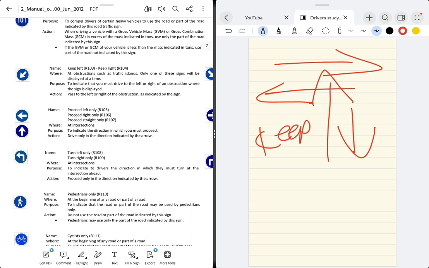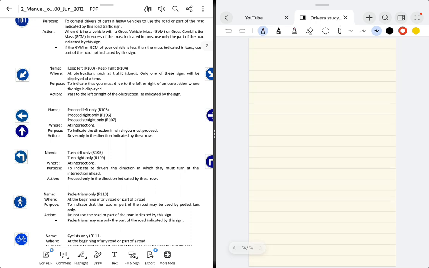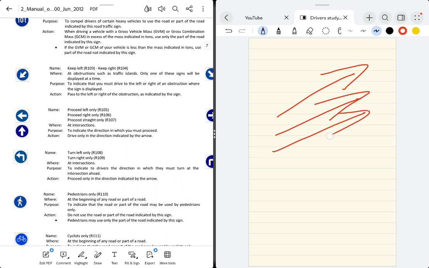No, I messed it up. So if it's in an angle, it just means keep. But if it's straight like that, it means proceed. So it needs to be prim and proper.